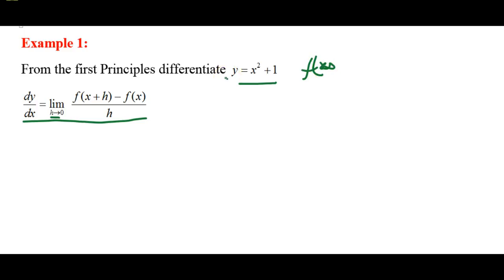And so what I'm going to do is that this equals the limit as h approaches 0 of f of x plus h. That means whatever I see x in the function, I'll replace by x plus h.